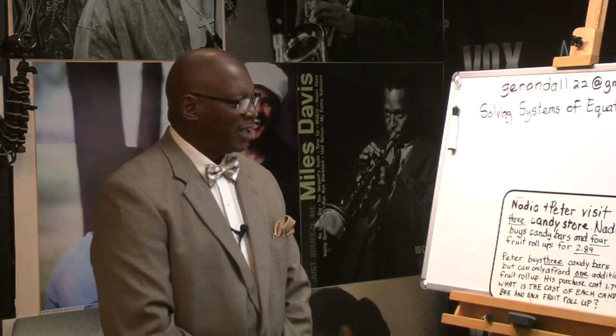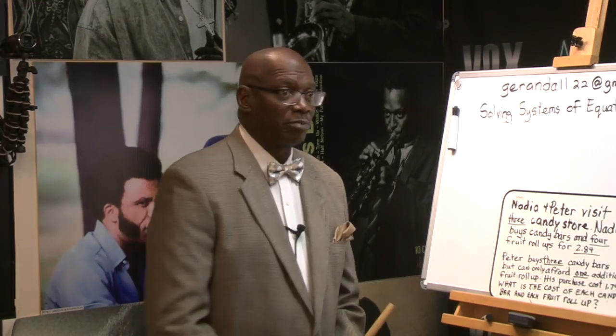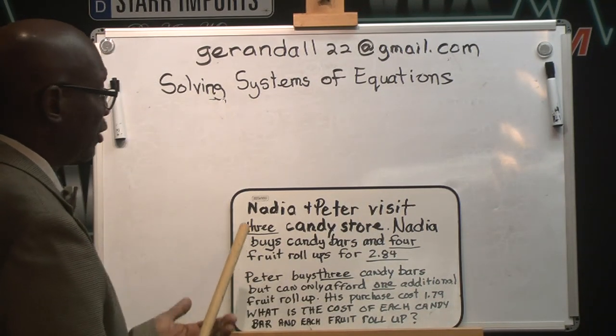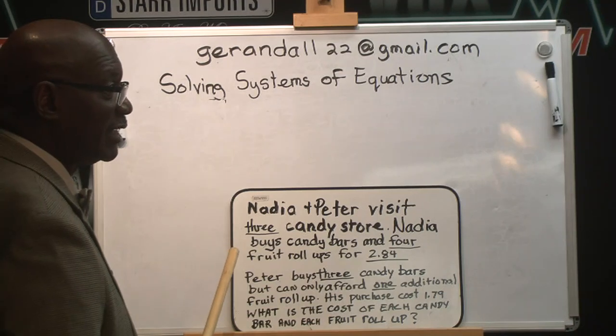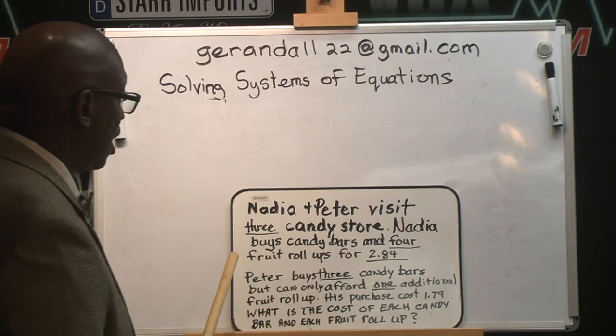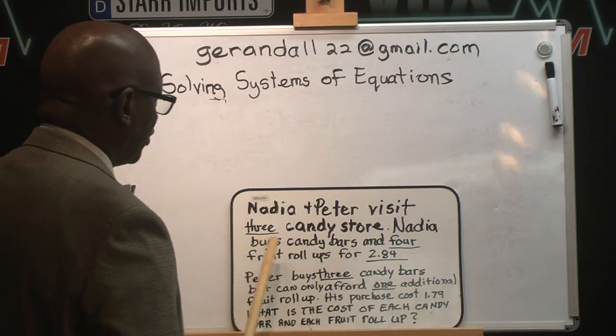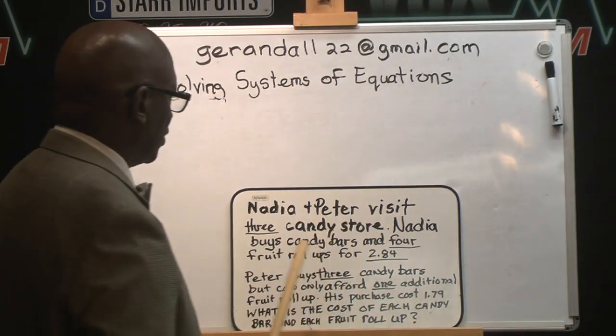Welcome back. And today we're going to look at a word problem. And again, it's going to be a form of solving a system of equations. It says Nadia and Peter visit a candy store.